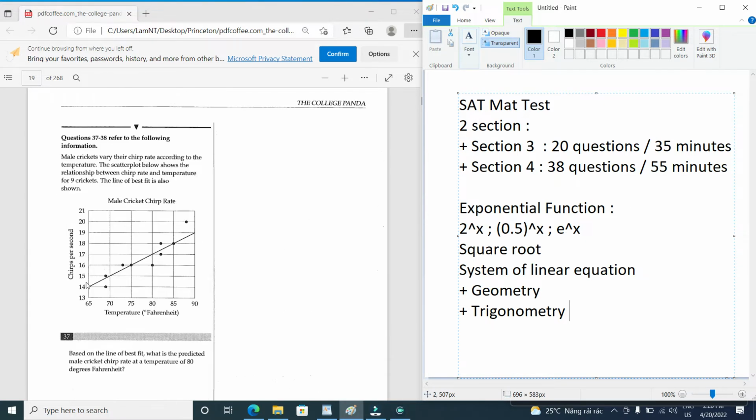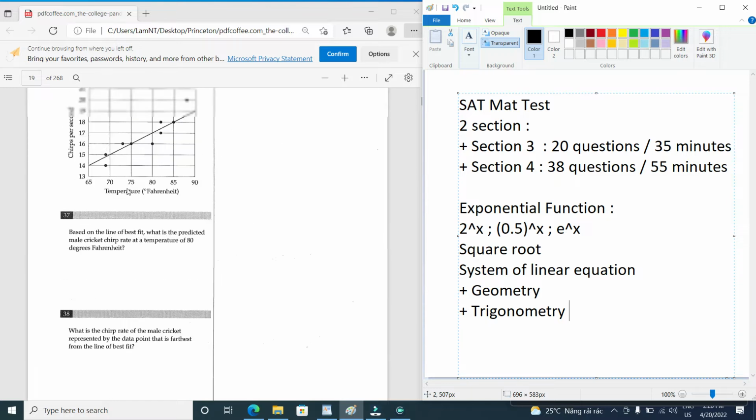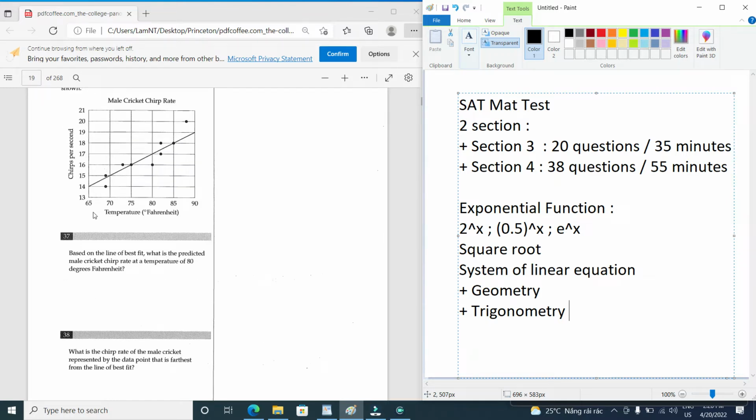So for the last two questions, we have a graph of a scatter plot and best fit line. So that's also a typical exercise type. So scatter plot and also best fit line.